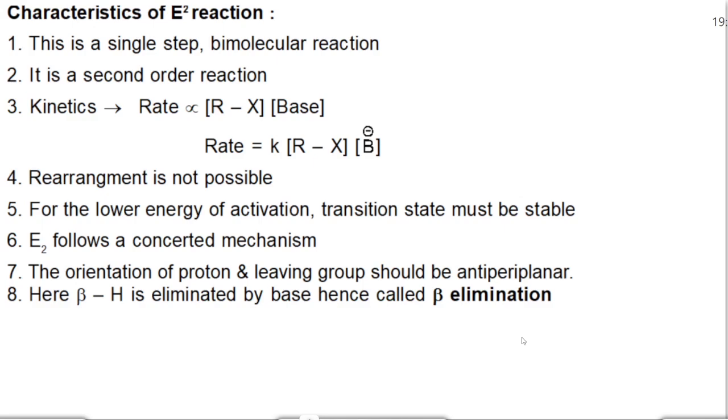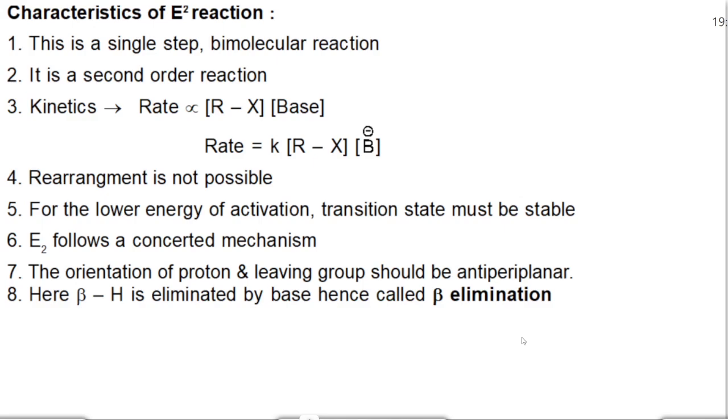Rearrangement is not possible here, because to get a rearranged product we should have a carbocation, but here there is no formation of carbocation. Now for a lower energy of activation, the transition state must be stable.